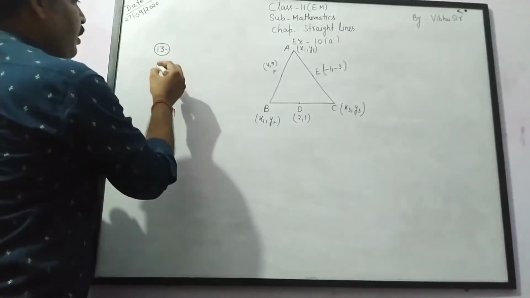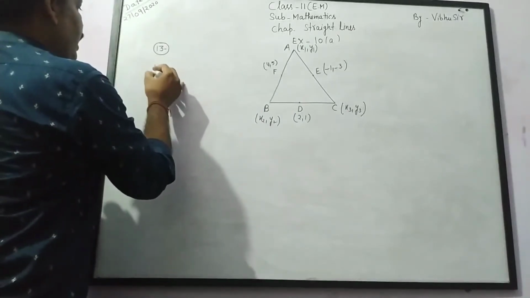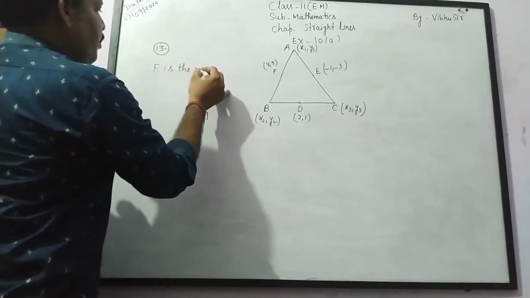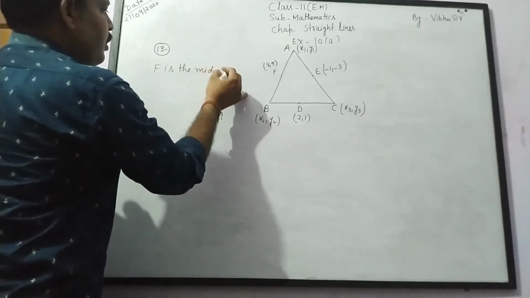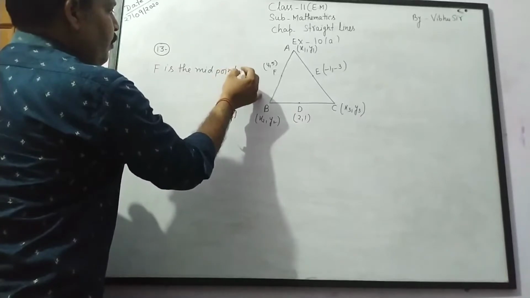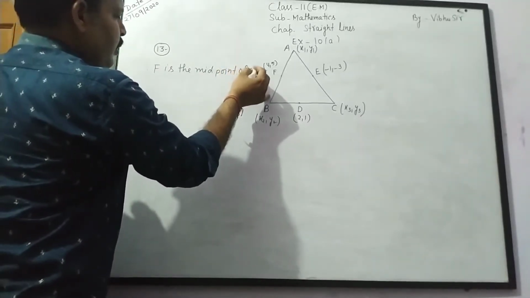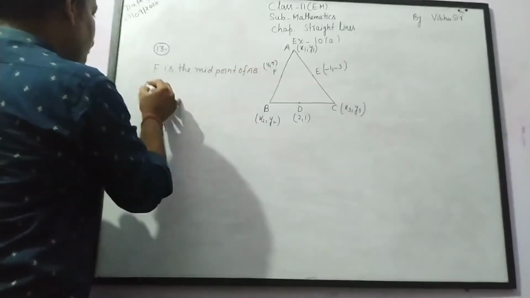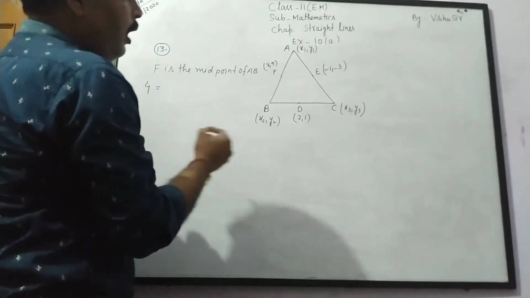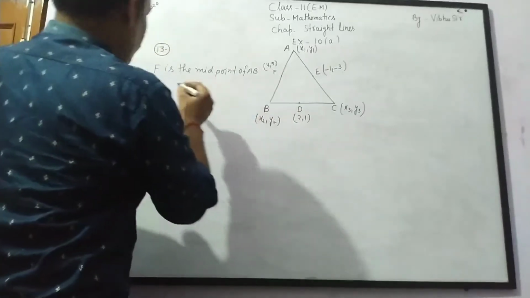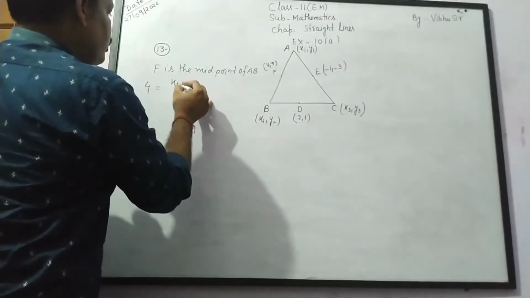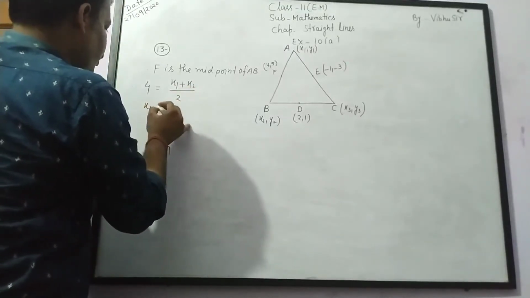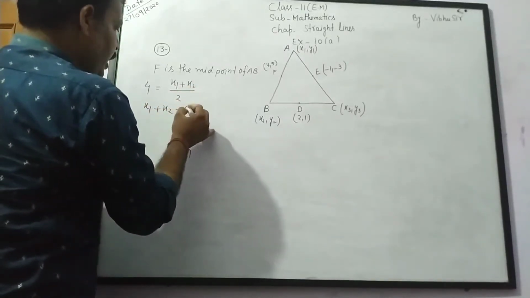Take F. F is the midpoint of AB. Therefore the x coordinate of the midpoint is 4, and using the formula, (x1 plus x2) upon 2 equals 4, so x1 plus x2 equals 8.